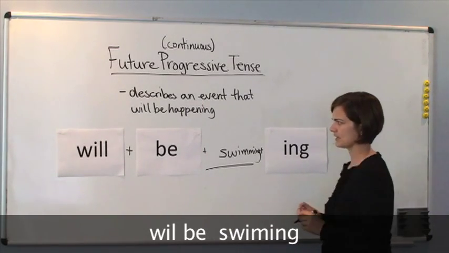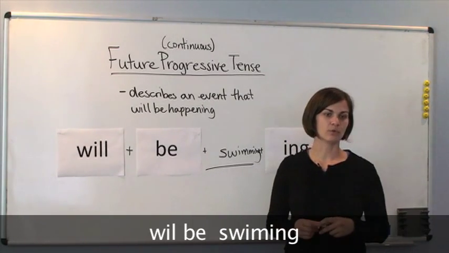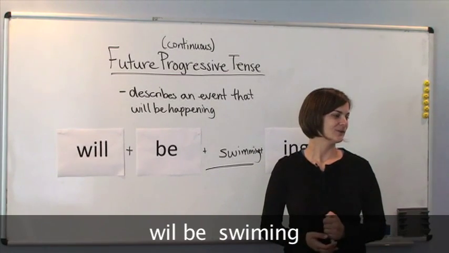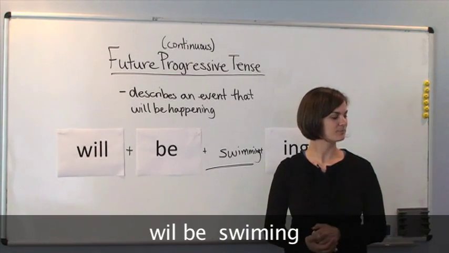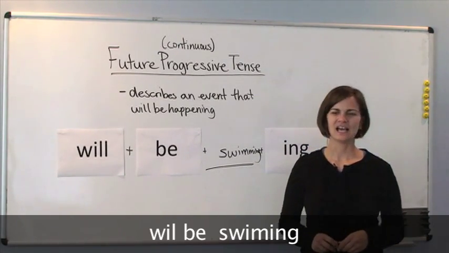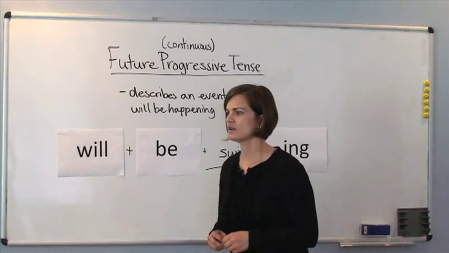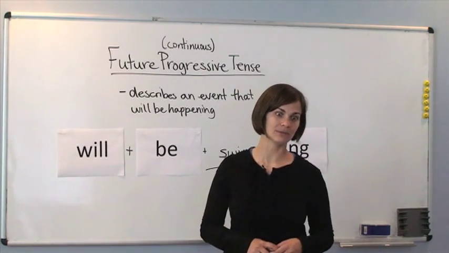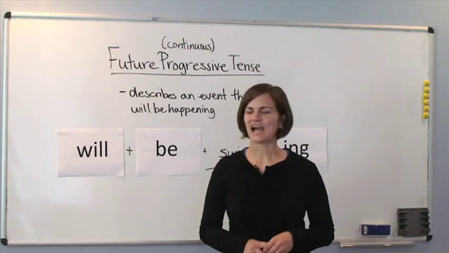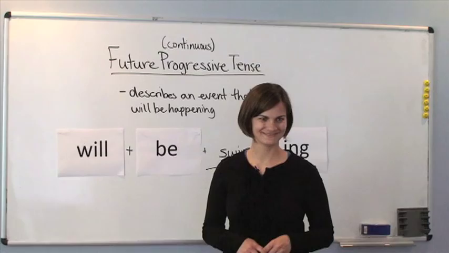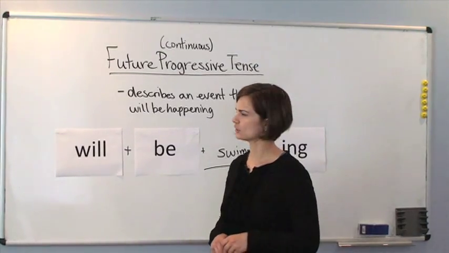I will be swimming tomorrow evening, right? What else? I will be swimming when it is my swimming lesson, right? During my swimming lesson, right? I will be swimming while you are doing your homework. That sounds like a little more fun.